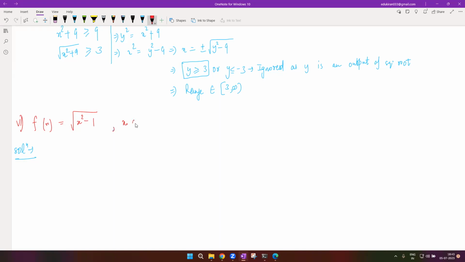So here x would be either minus infinity to minus 1 union 1 to infinity. After this, we can directly reach the main question, which will be solved with the help of many one.